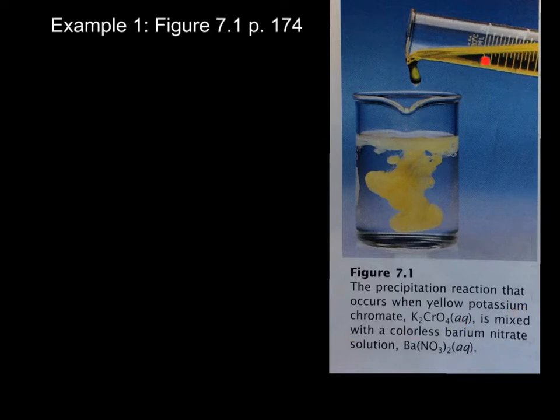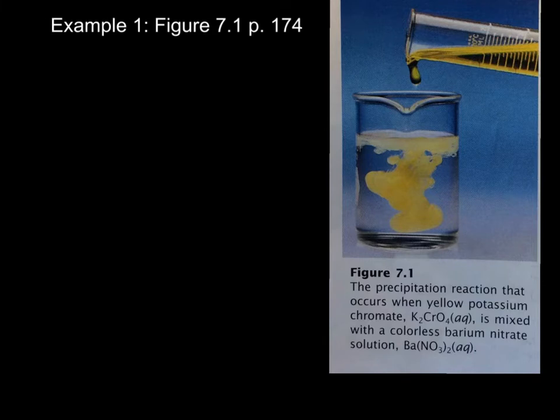So this is the potassium chromate. Then this leads us to believe that this is the barium nitrate, colorless. When they come together, we get this gelatinous precipitate. And you've seen this in the lab yourself when you've created a precipitate before. I am telling you that we're going to figure out what that precipitate is, using what we know so far.